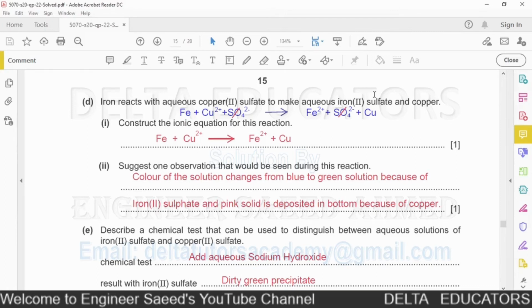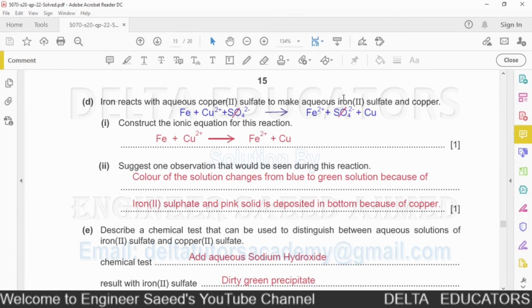Second part suggests one observation that would be seen during the reaction. Before the reaction we have iron and copper sulfate. This copper sulfate is of blue color. After the reaction we have iron sulfate and copper metal. This copper metal is of pink color, whereas ferrous sulfate, iron sulfate, is of green color solution.